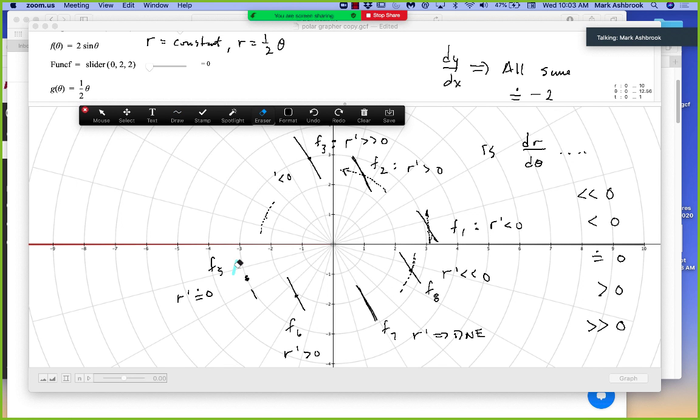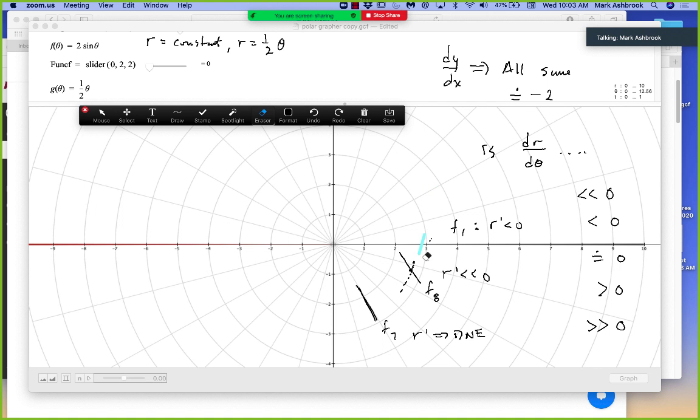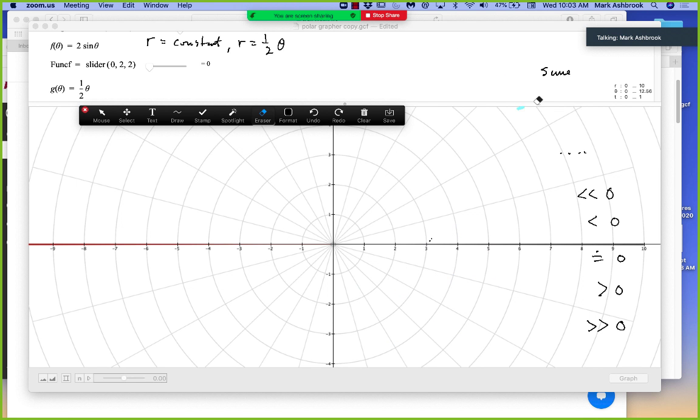So oftentimes these polar functions will involve trig functions, and they make for really interesting graphs. So let's do R equals 2 sine theta. For all of these, are we going to be going in the counterclockwise direction? Yeah, because theta increases.